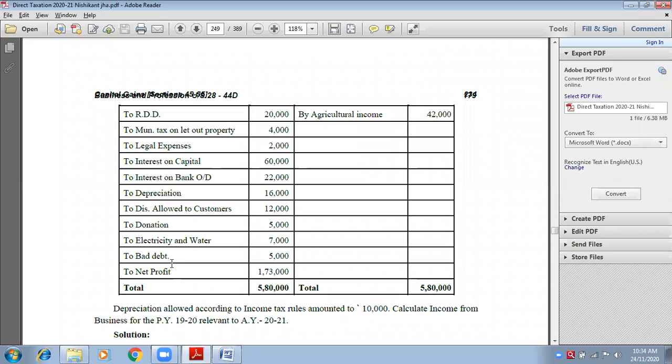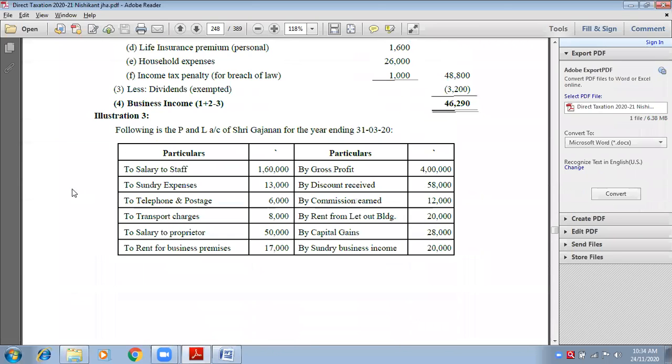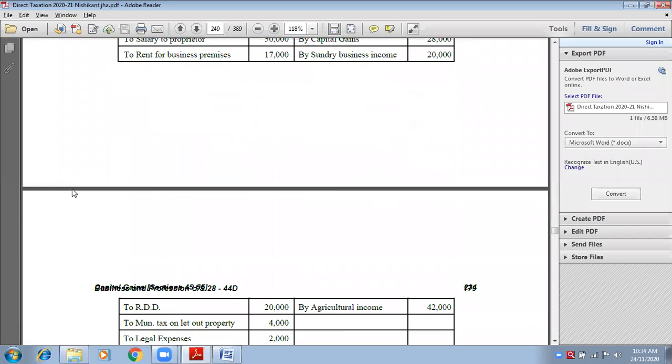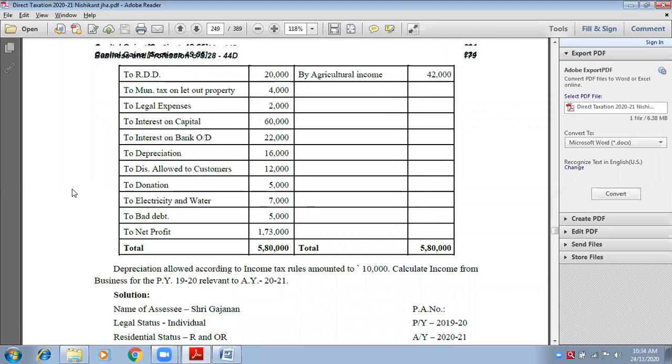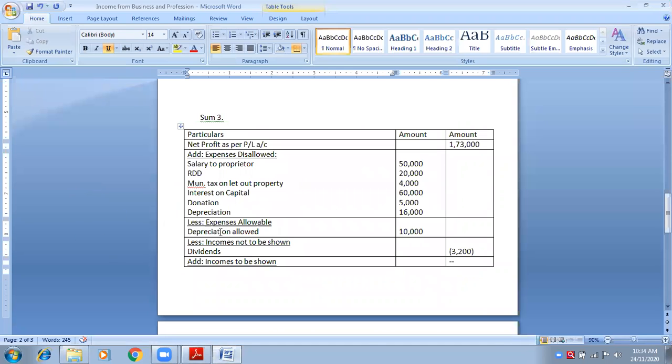Next. Now we are done with the debit side and the adjustments. Now we can move to the expenses allowable part. Before moving to the expenses allowable part, we will add all these expenses which are in the inner column of expenses disallowed.